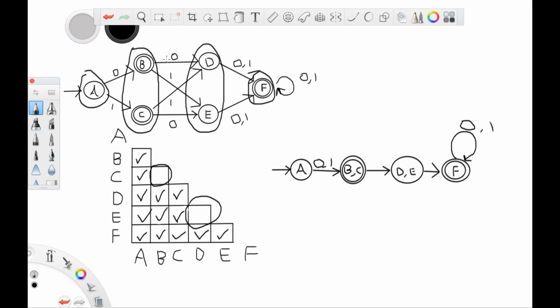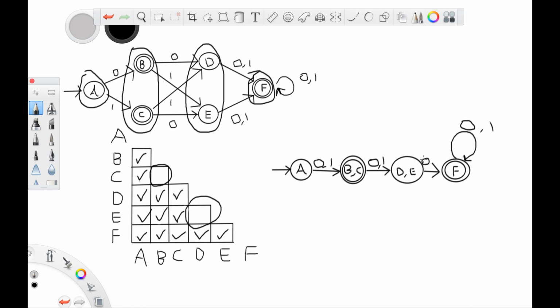If B got a 0, it led to D. If B got a 1, it led to E. If C got a 1, it led to D. C got 0, it led to E. So it led to either D or E for both of them, whether they got a 0 or a 1. So a 0 or a 1 from BC is going to lead to DE. And once again, for both D and E, a 0 or a 1 leads to F.